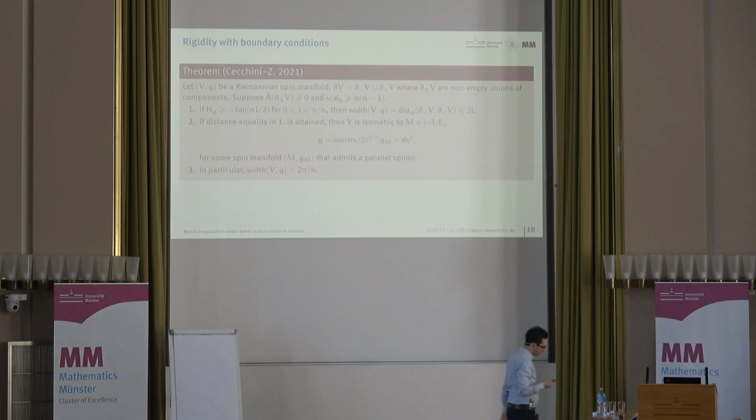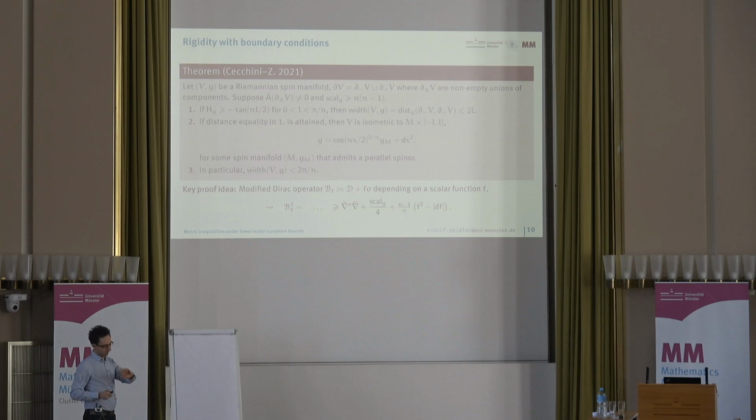Now, how is this proved? The key proof idea is that it uses the Dirac operator, and you're not just working with the Dirac operator itself, but the Dirac operator modified with a scalar potential depending on some function, and the function itself depends on a distance function.